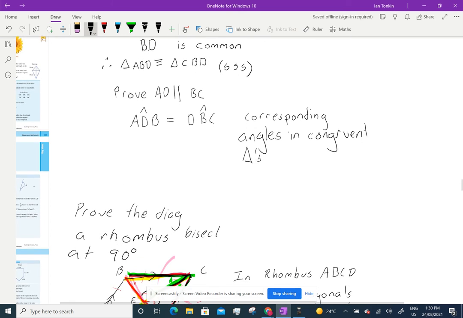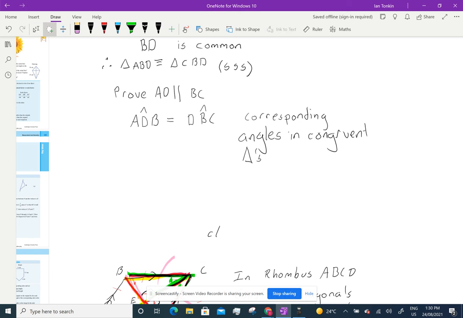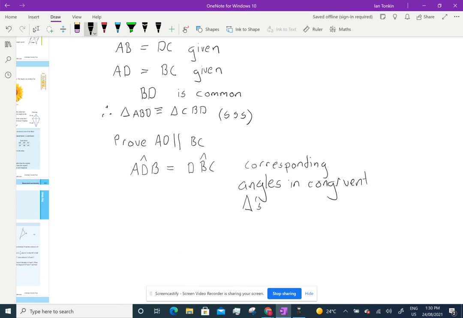They are the corresponding angles in the congruent triangles. Right. Well, if they're equal, well, hence, I might go therefore. Therefore, AD is parallel to BC. Well, why?